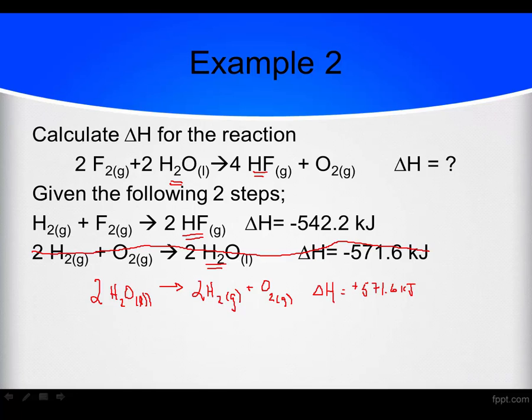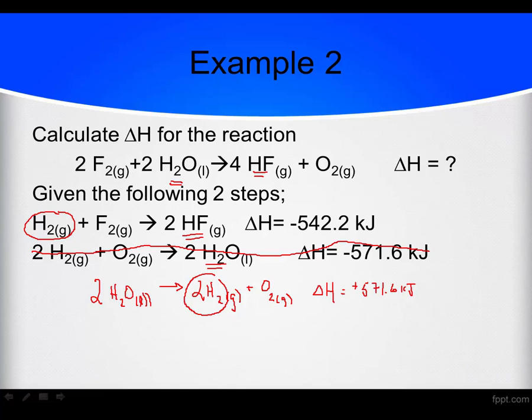If I were to do this reaction like this, notice after I've rewritten it, Aubrey's right on target here. The next thing that I'm looking at is that H2 and H2 are going to wind up canceling, except there's not enough of the H2 in the first reaction, right? So I want to multiply the whole thing.